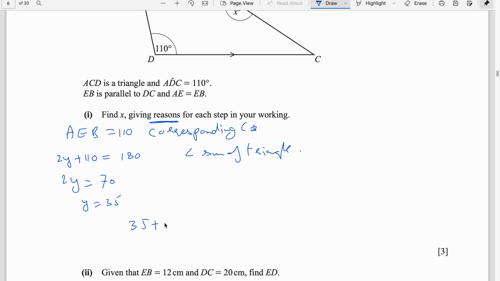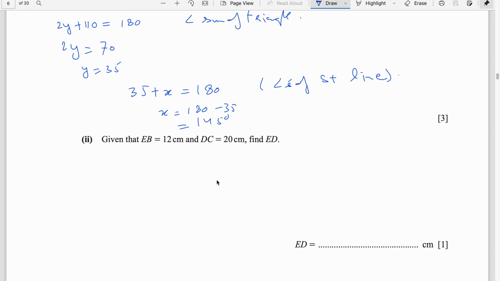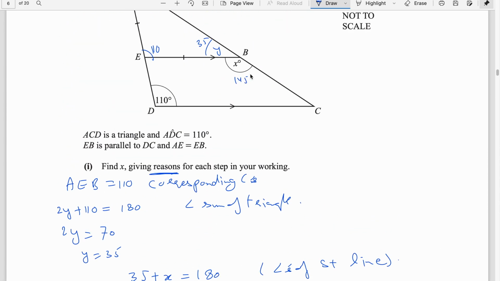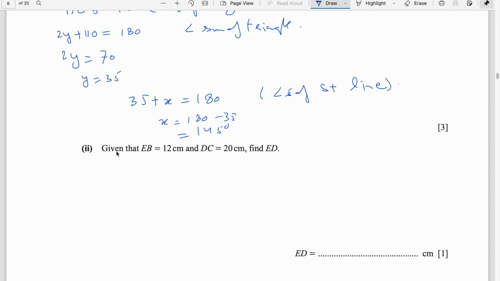And 35 plus x equals 180. x is equal to 180 minus 35. Your angle is 145, and the reason is angles on straight line or adjacent angles on straight line. So x is 145 degrees.